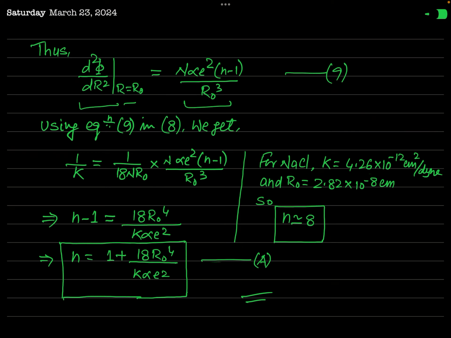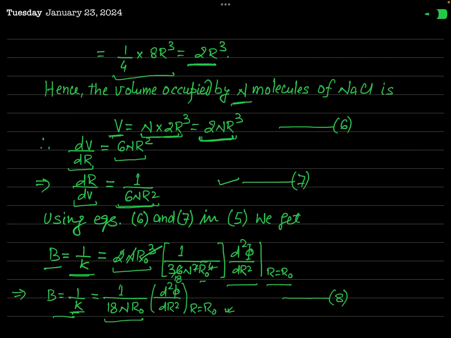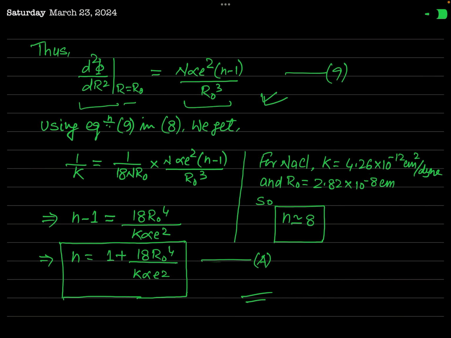Okay. Now after getting this value, we will substitute this value in equation number 8, where we have obtained the value of bulk modulus or the reciprocal of adiabatic compressibility in terms of this derivative. So let us substitute it here.